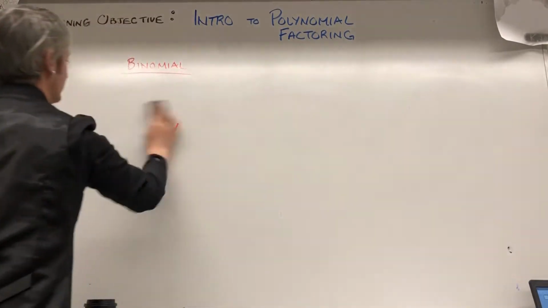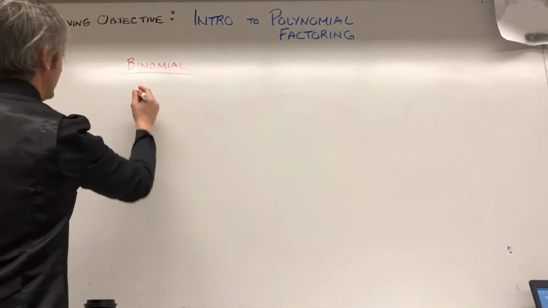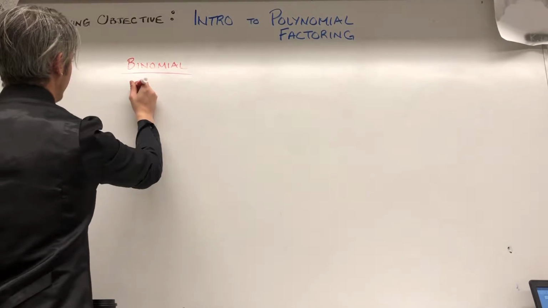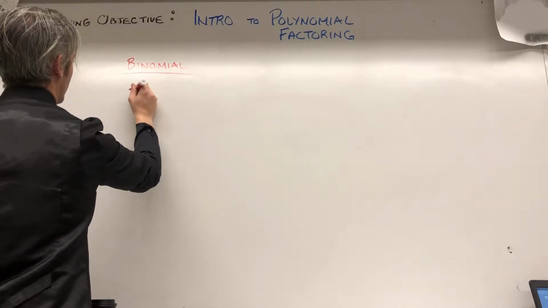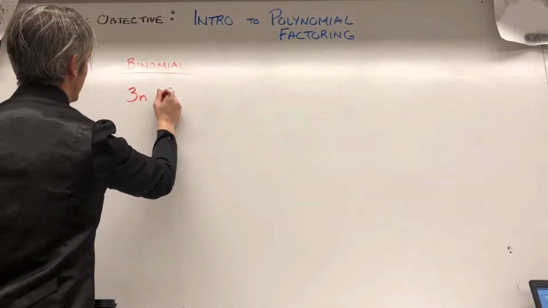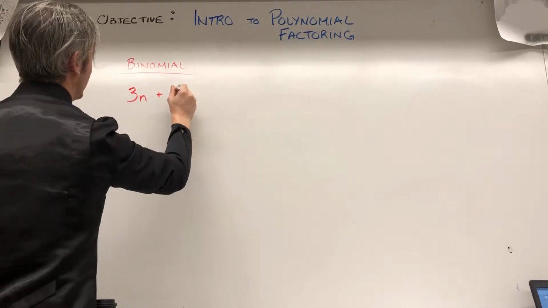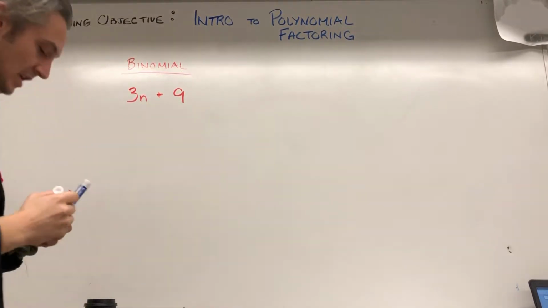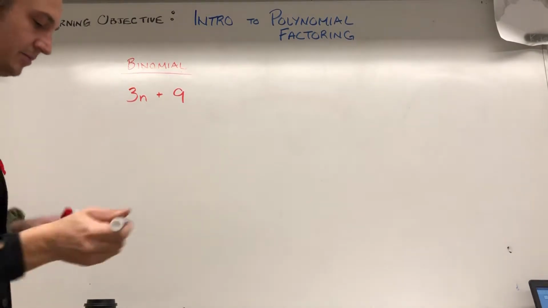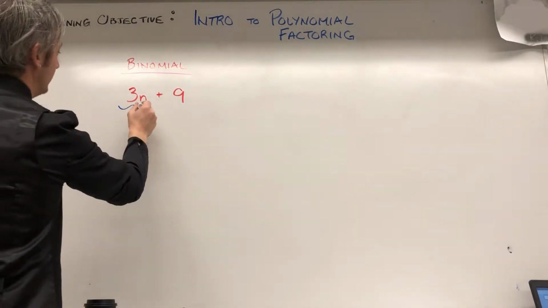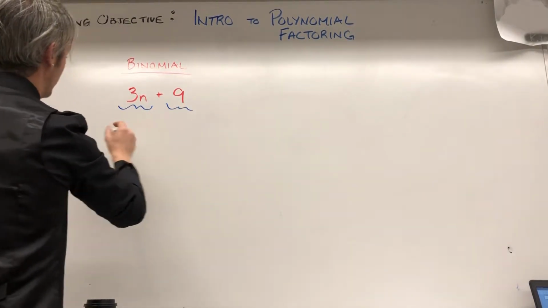So say I told you to factor something like 3n plus 9. The first step to do something like this is to look at each individual term. So 3n.